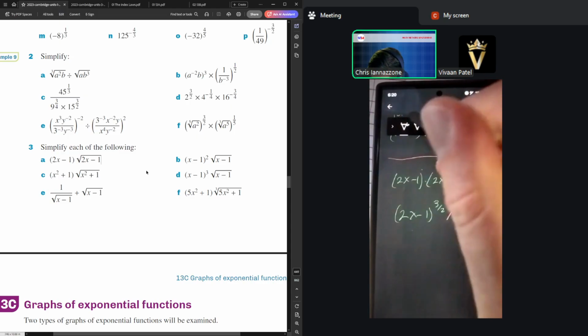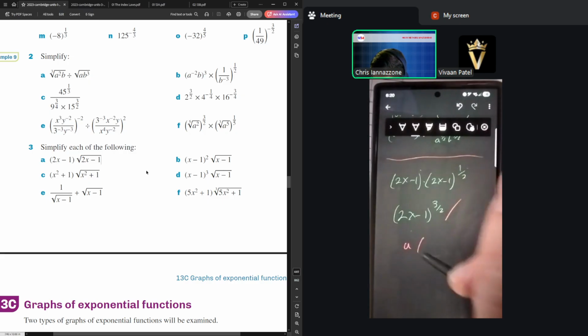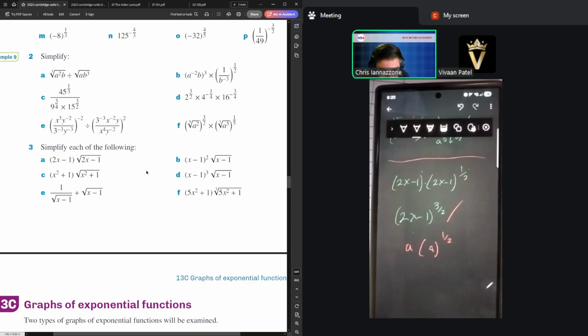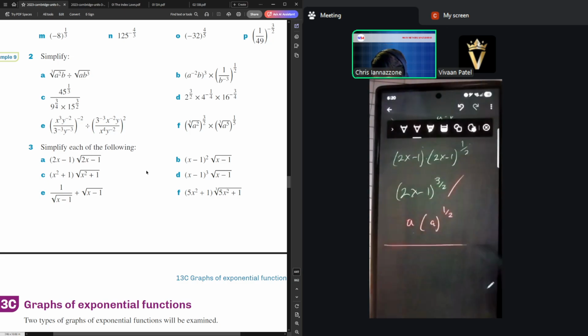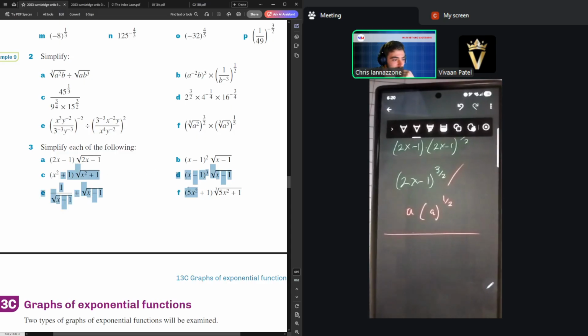Some students will prefer to do a little half step where they'll say, okay, 2x minus 1, let them be a. A to the power of half, and then all of a sudden it looks even easier because you just do a little dummy substitution. That's only if it's purely visual. You don't have to do that. That's the exact strategy used for that entire question 3. So once you've done it, you've done it.